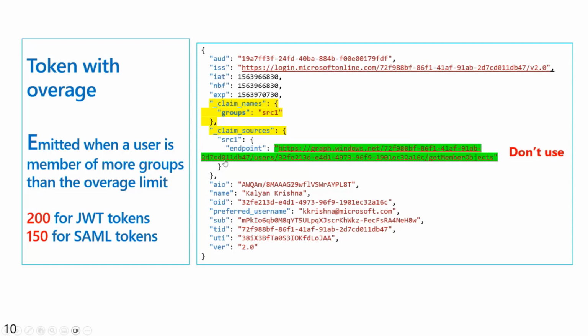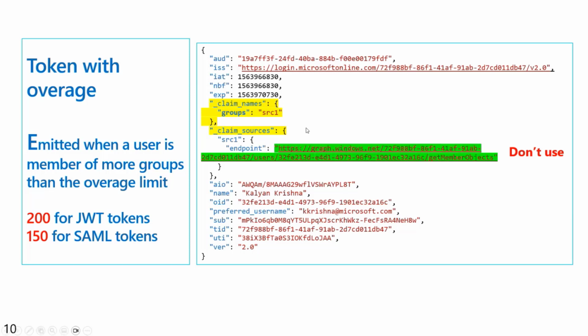So instead, as a developer, I'd have to look and say, well, I'm looking for groups claim. It's not here. Instead, my code has to go look for _claim_names claim. And in that claim, I have to find the groups entry. And if that's there, I now know that this token has found a group overage claim.